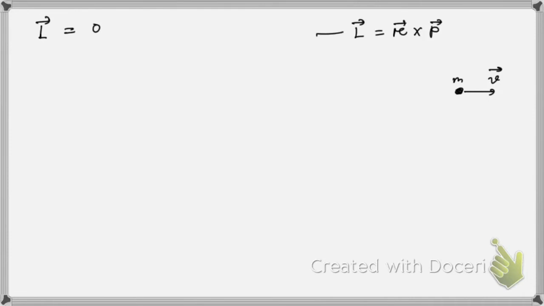This gives the angular momentum about a point with respect to which the position of this particle is r. Now this r cross p will be 0 when this r vector and v vector are parallel, and that will be possible if the point about which we are calculating the angular momentum lies on the line in which it is moving.